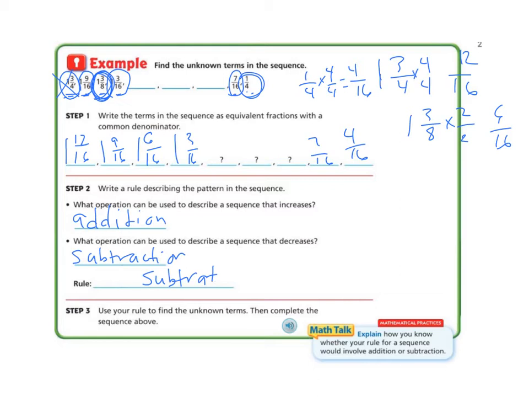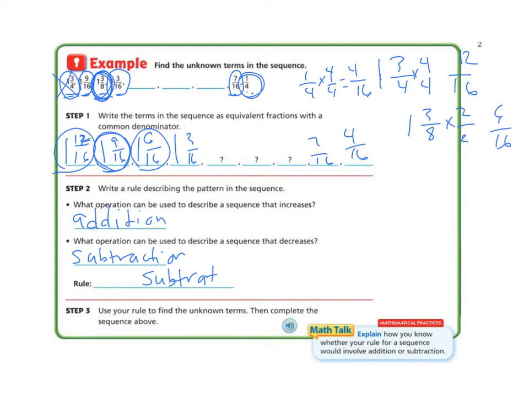So let's subtract. If we're looking at this, the difference between this one and this one is 3/16, because 1 minus 1 is 0, and 12 minus 9 is 3. So let's see if that pattern continues.